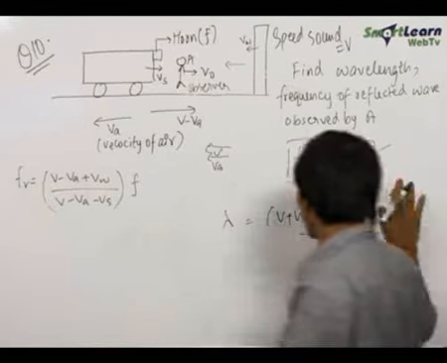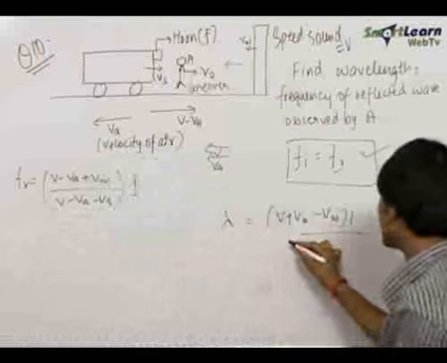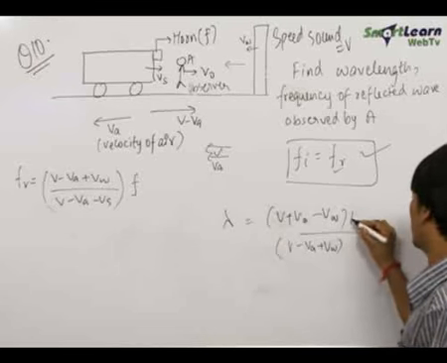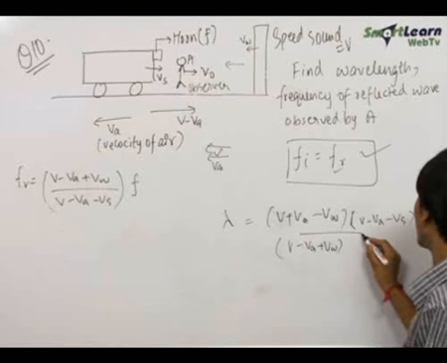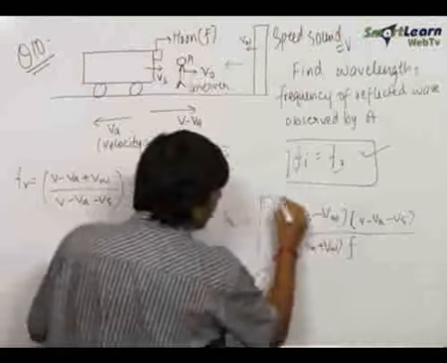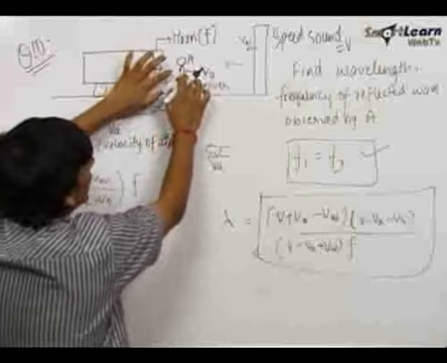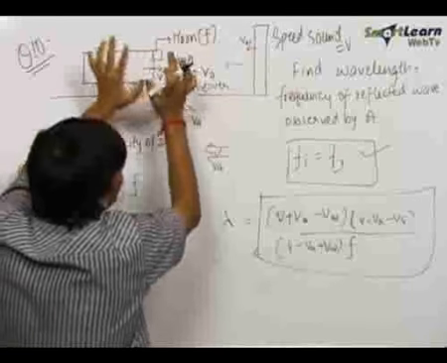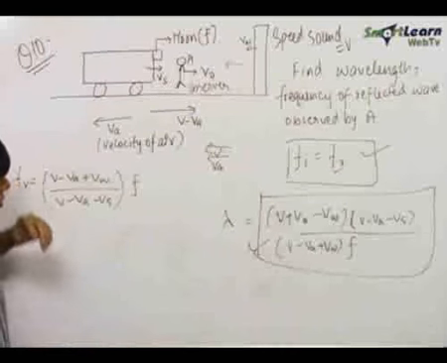On substituting the value of Fr, we get (V plus Va minus Vw) into (V minus Va minus Vs) in the numerator and (V minus Va plus Vw) in the denominator, into 1 upon F. This is the value of the wavelength observed by A, because the wavelength observed by A does not depend on the speed of A; it depends on the wavelength sent by the source.